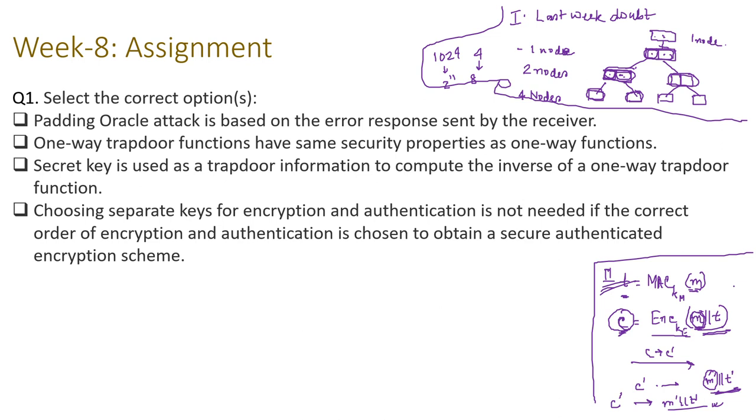And then you are done. Whether T dash is a valid tag for M dash or not is a different issue, right? So just focusing on the ciphertext integrity game, for this encryption scheme, it is enough to tweak the ciphertext in such a manner that it gets decrypted to some valid message, right?